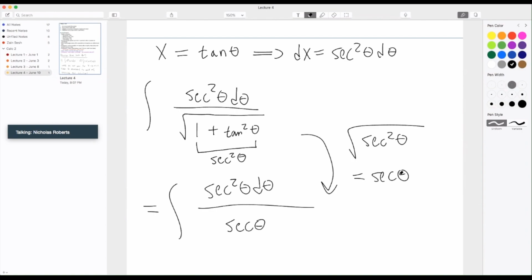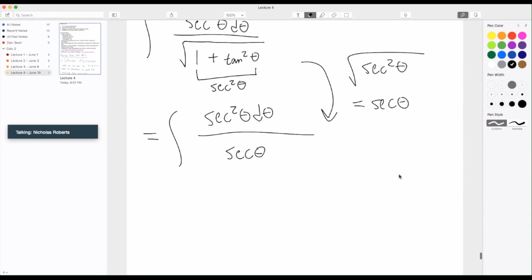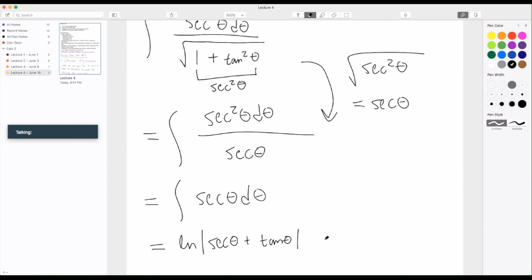This reduces down to the integral of secant theta d theta, just by canceling out some powers. Luckily, earlier in class, we derived this integral. It came out to the natural log of secant theta plus tan theta, from earlier in lecture.